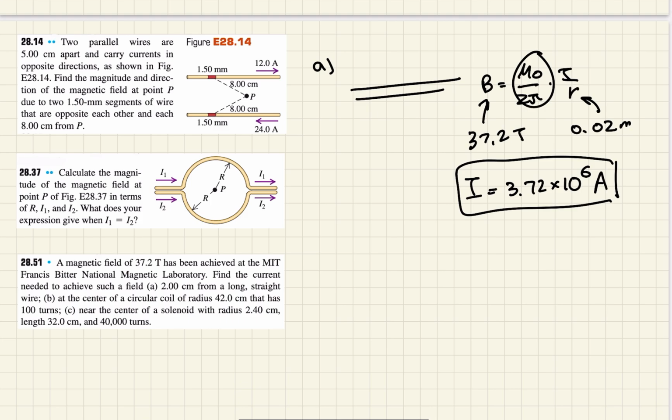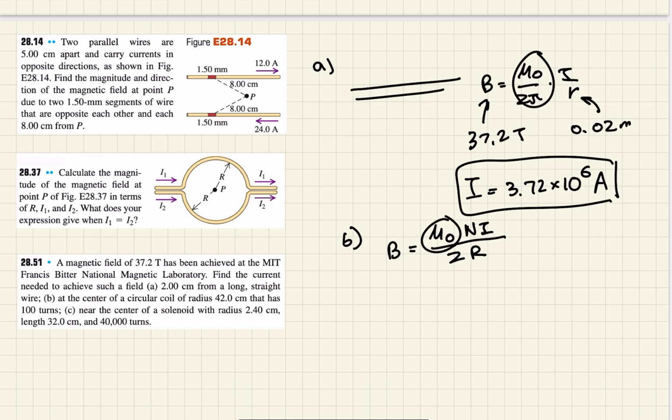For B, it's a toroid. So the formula is B is equal to mu naught times Ni over 2R, basically, if I remember correctly. And you just plug in stuff. So we know mu naught, 4 pi times 10 to the negative 7.